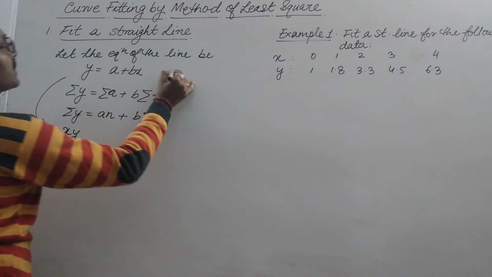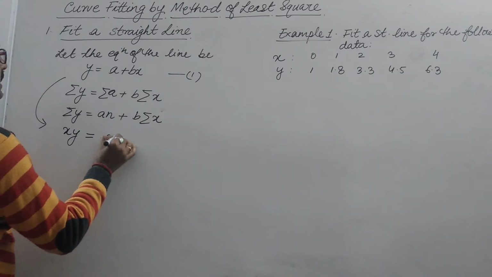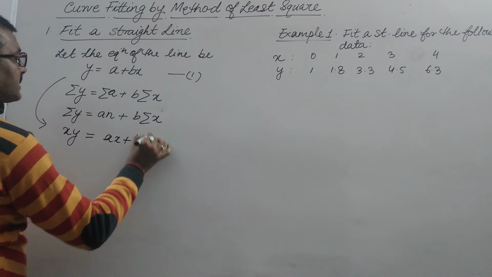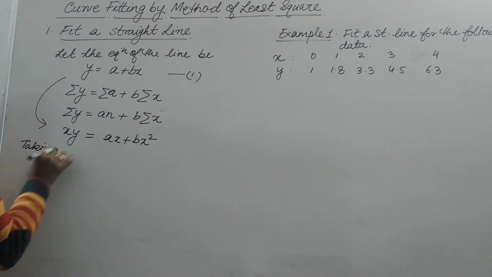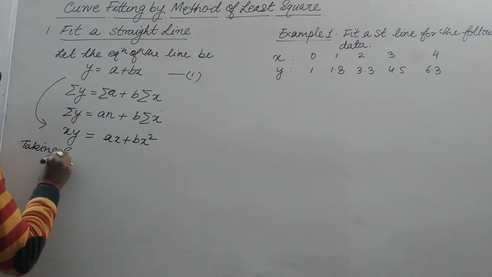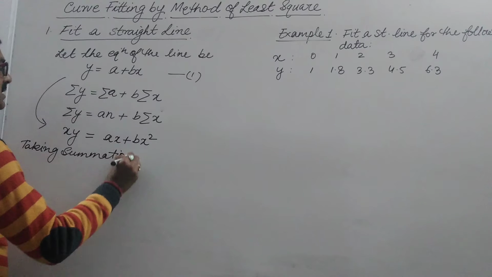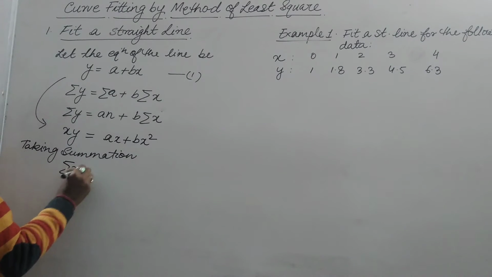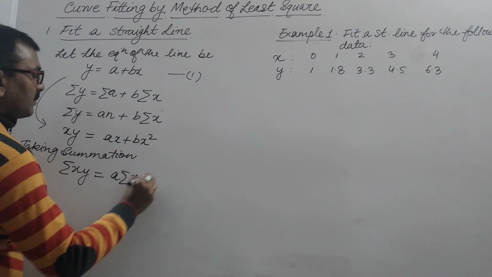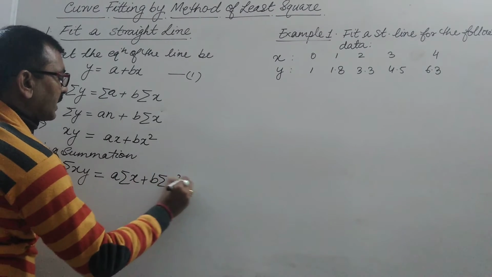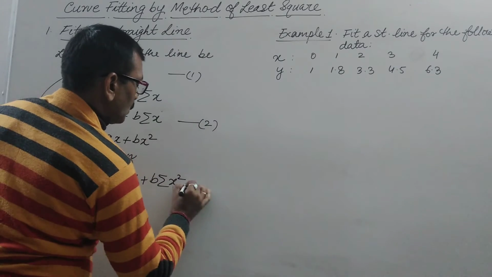Next, you multiply it by x. Multiplying equation number 1 by x, this will be ax plus bx square. Now taking the sum, sigma xy is equal to a sigma x plus b sigma x square. So you get these two equations.